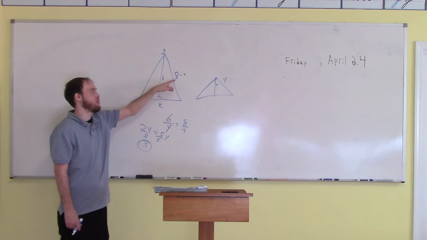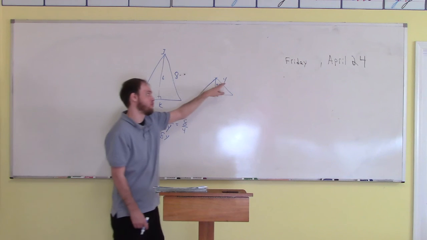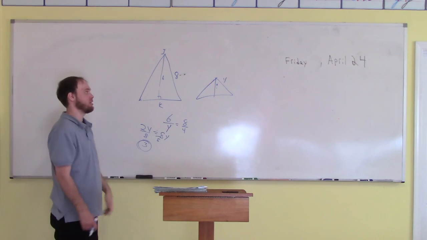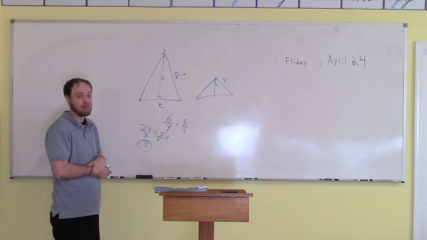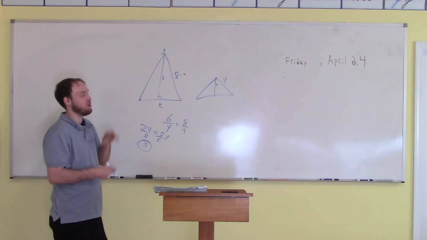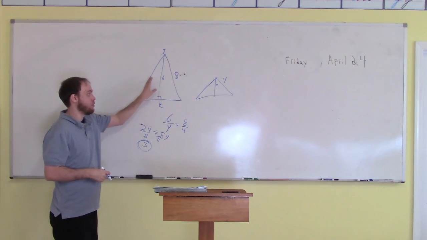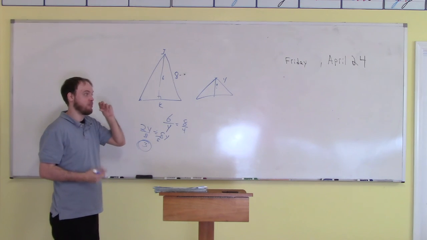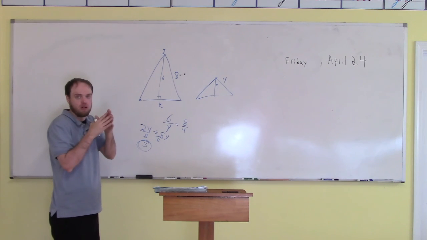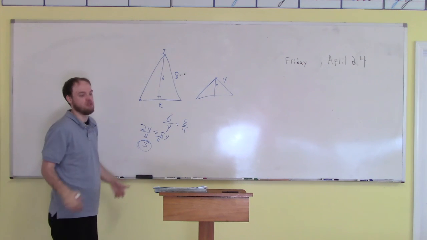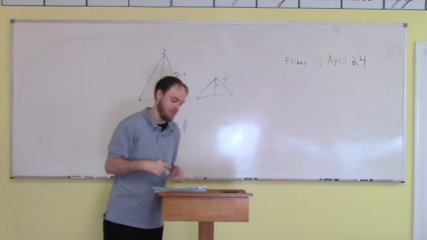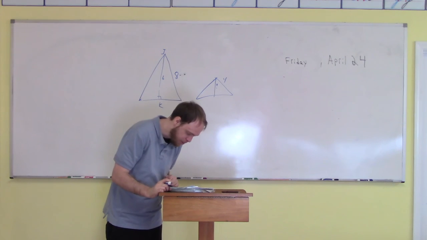So you could have set it up as 8 over 6 equals 4 over x, and then cross multiply, you're going to get the same thing. And so you can use it however you see it. The way I did it was how the theorem showed us, but once you know they're similar, basically all their parts have to be similar to each other. So you can just use what you know based off that. And so that'll help you out there.